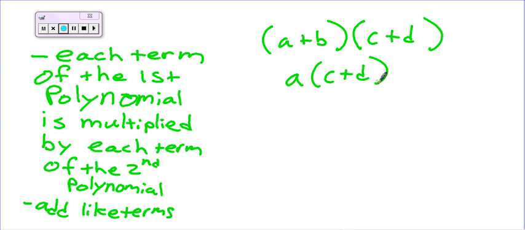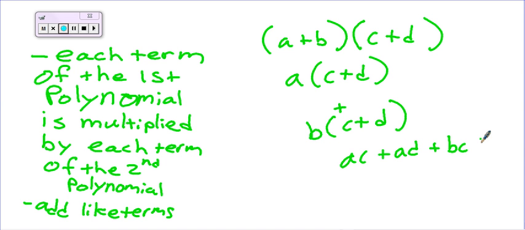So when we do that, you get ac plus ad plus bc plus bd. I don't have like terms.